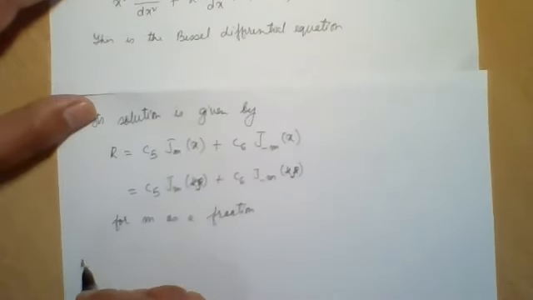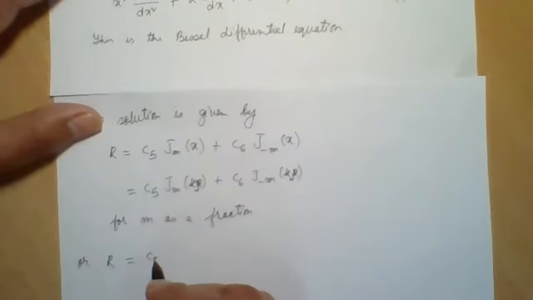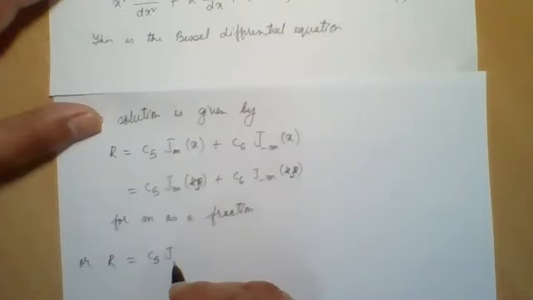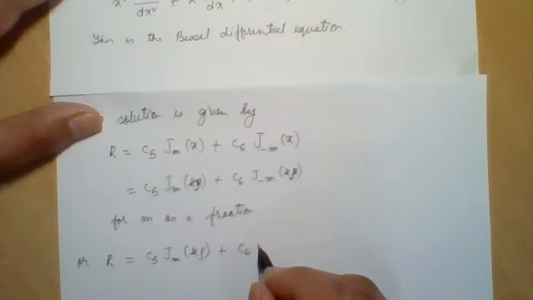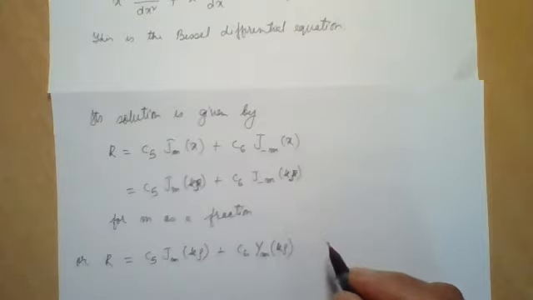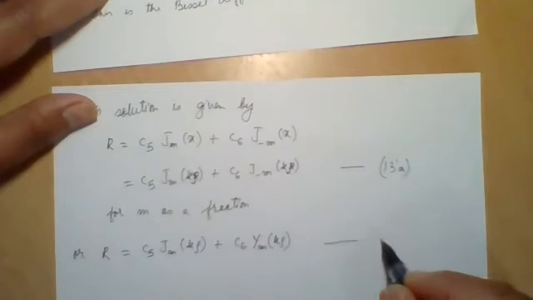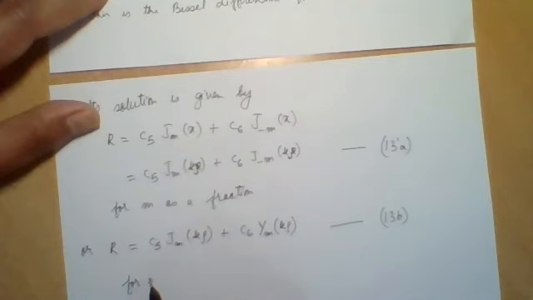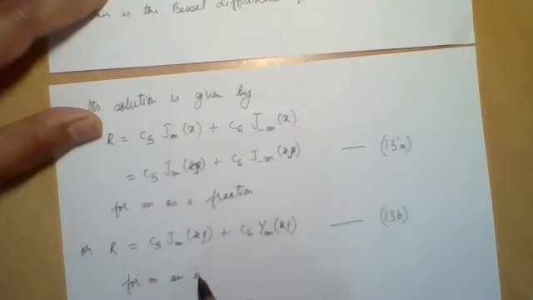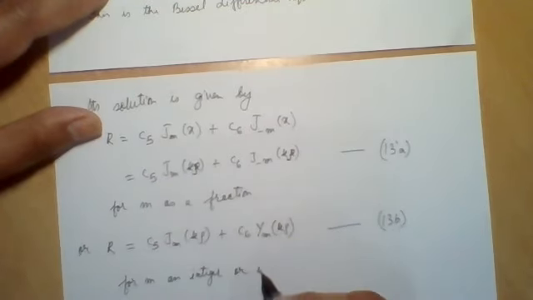So R is equal to C5 J_m(k rho) plus C6 Y_m(k rho). We call this 13B. The earlier one we call 13A, for m a fraction, and this is for m an integer or in general.